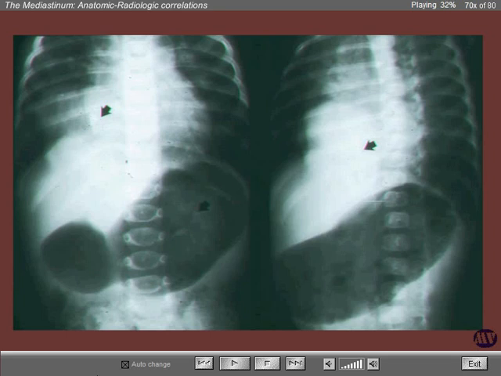Now, why is it that the kidney has this particular shape? The reason is that whenever we deal with renal ectopia, be that in the chest, the abdomen, or pelvis, the kidney may lose the coffee bean shape.